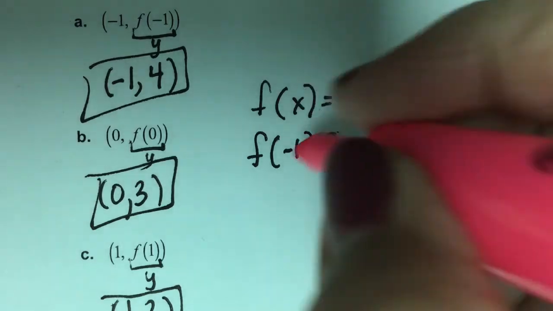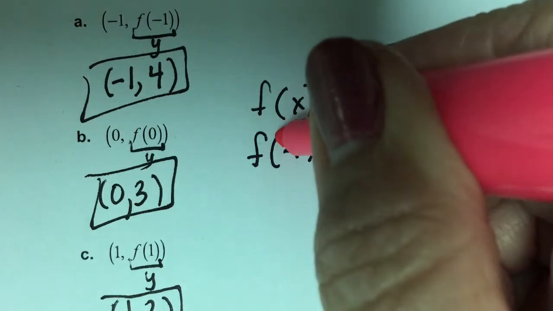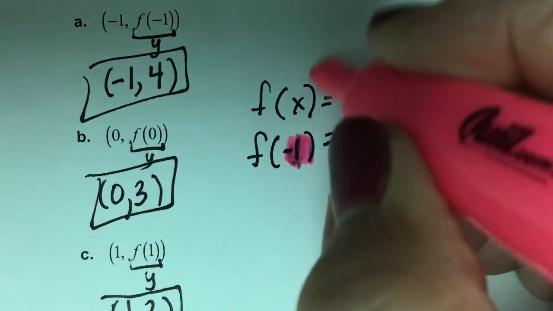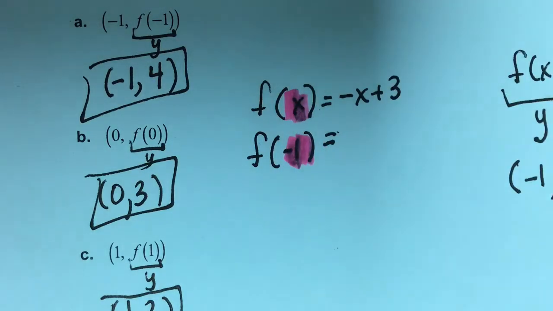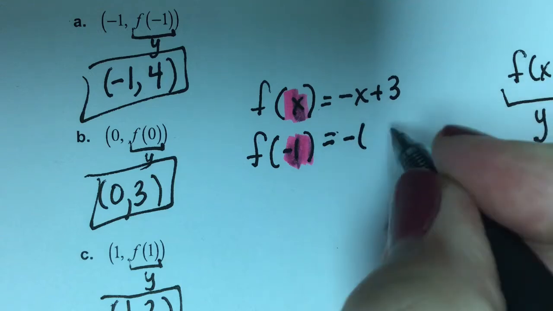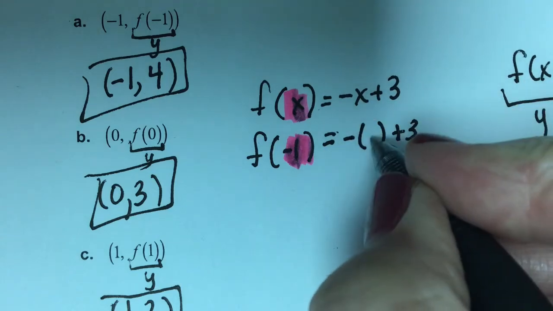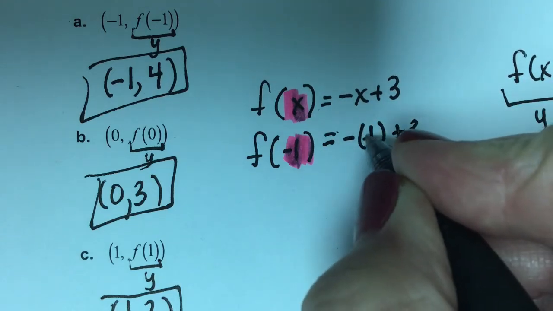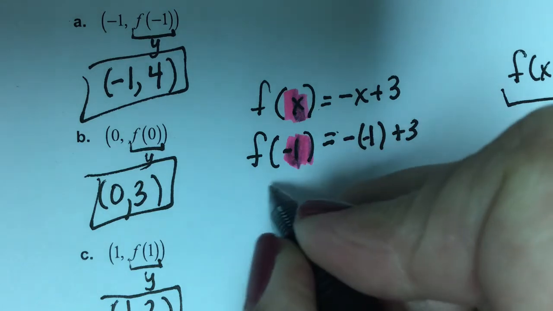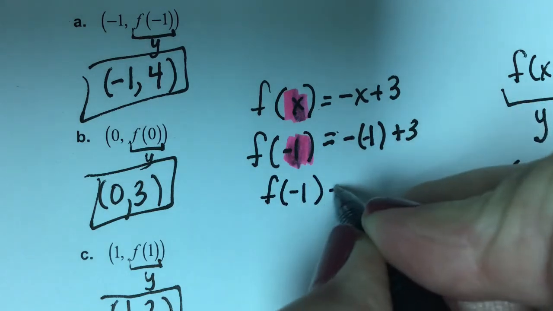Hopefully you can see that -1 has been put in place of x. So to find that value, in place of x, I'm going to put -1. Then I'll do order of operations.